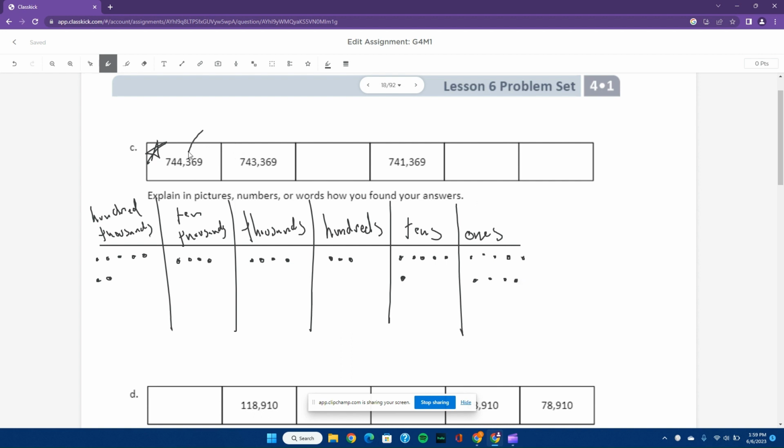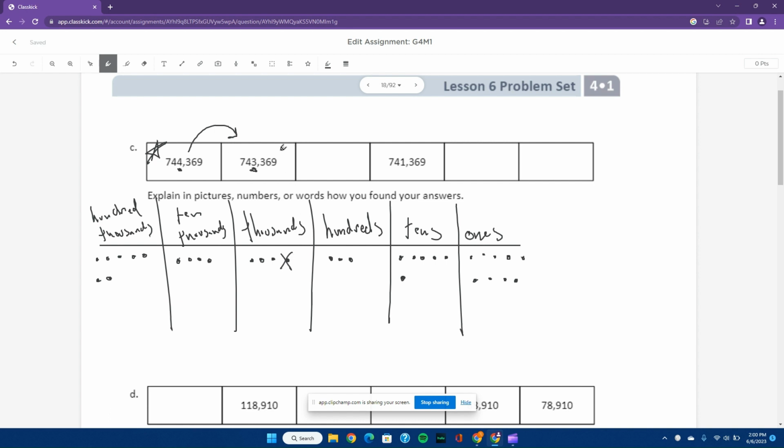Now, what's happening from this number to this number? I notice that the digit that's changing is this digit here in the thousands place. So we went from 4,000s to 3,000s. So that's going to look like that.